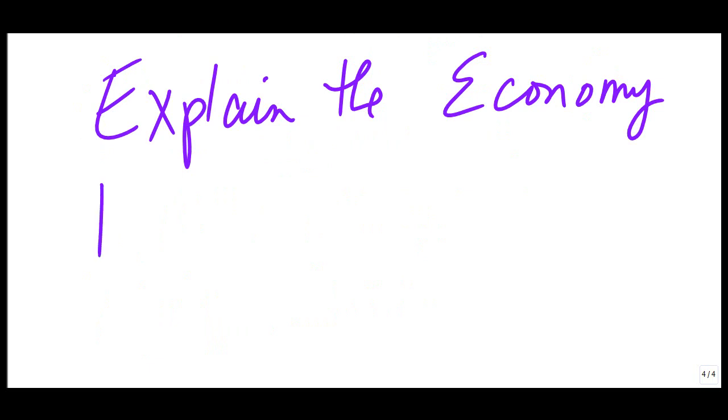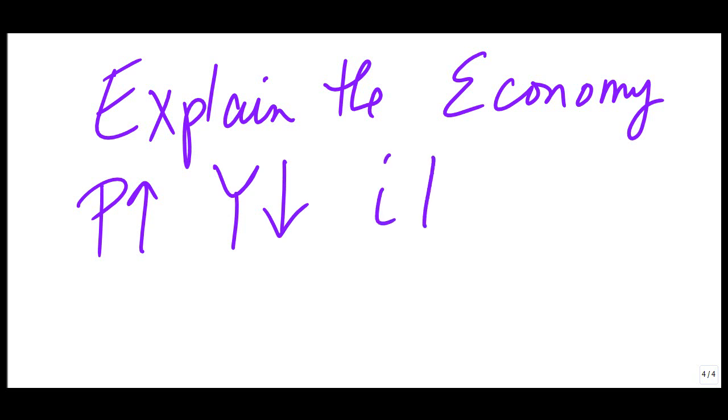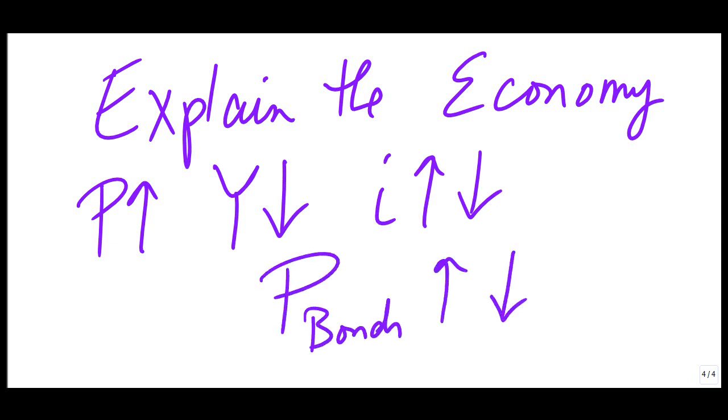Why, for example, the price level might go up in the economy. Or why real GDP might go down in the economy. Or why the interest rate might go up or down. Or why bond prices might go up or they might go down. All right, so they're trying to explain the economy, or in particular certain things that occur within the economy.